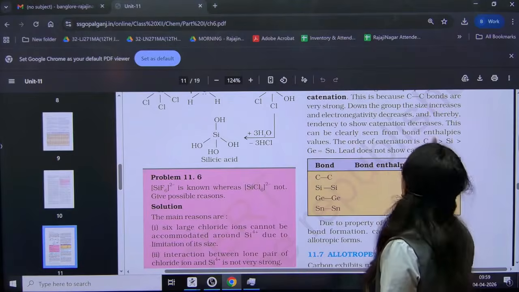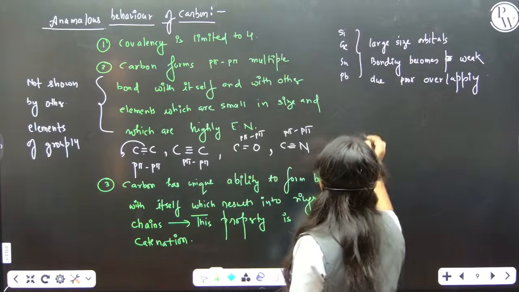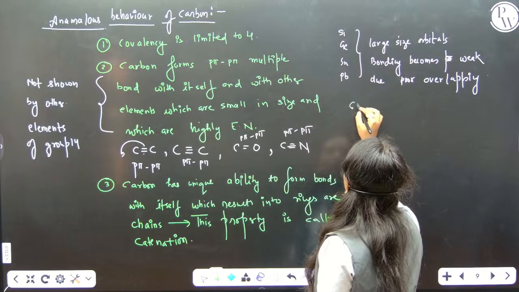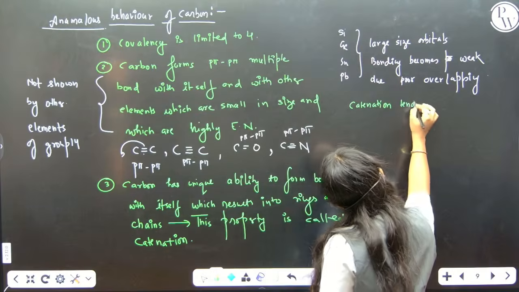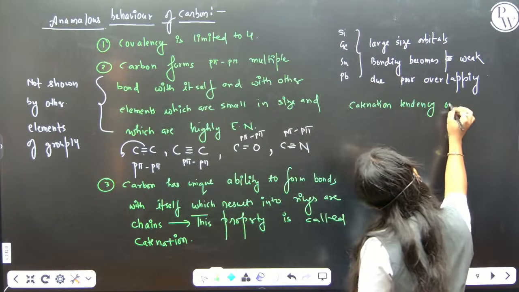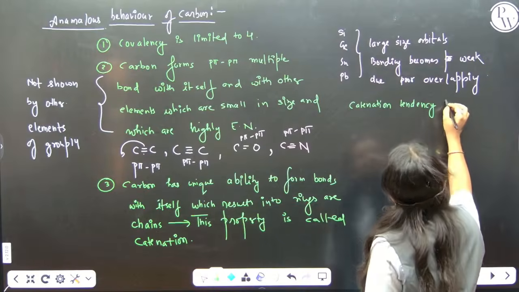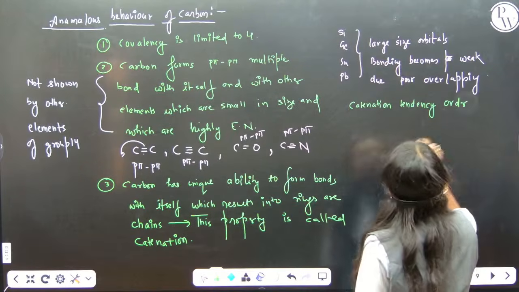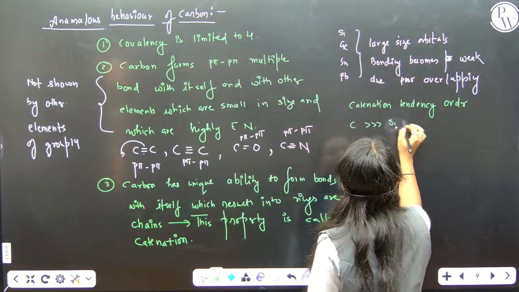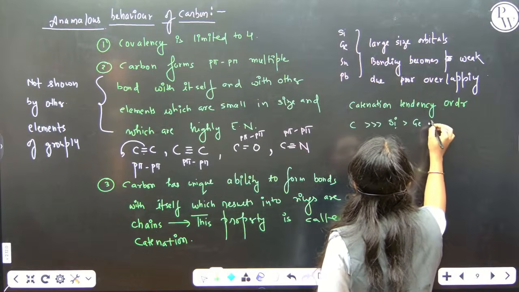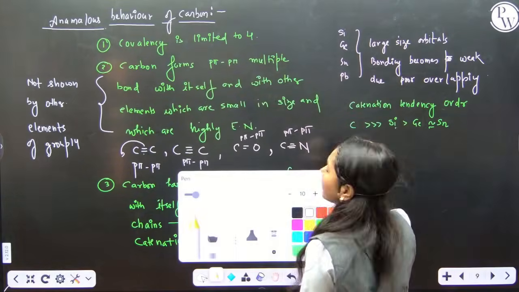Carbon maximum, then silicon, then germanium, and then tin. Catenation tendency order: carbon, silicon, germanium, and tin.